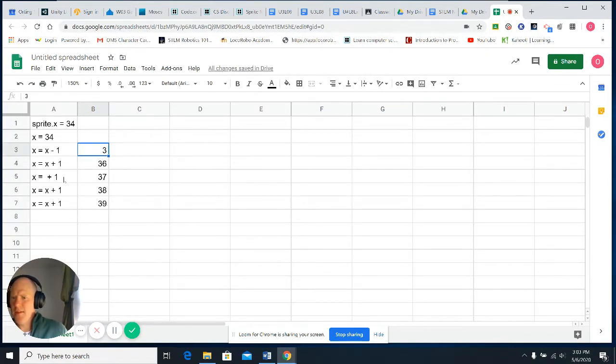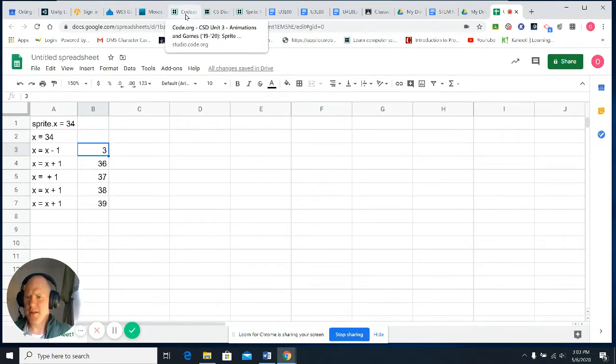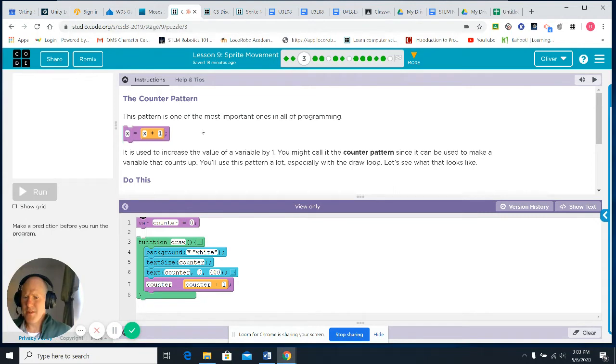So that would be moving it left, would be minus 1, but the example I just showed you is moving it right. I just want to make sure you understand, it's a continual process, and because of that draw loop, it's just going to make it go over and over again at whatever frame rate you decide on.